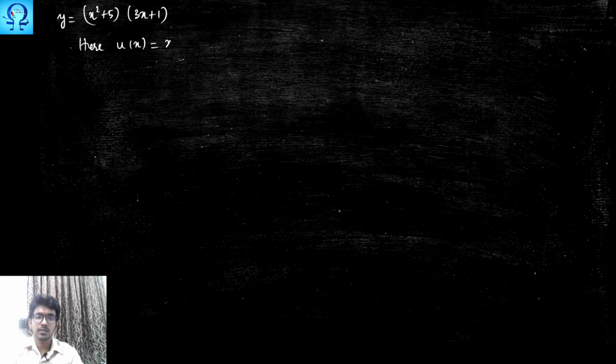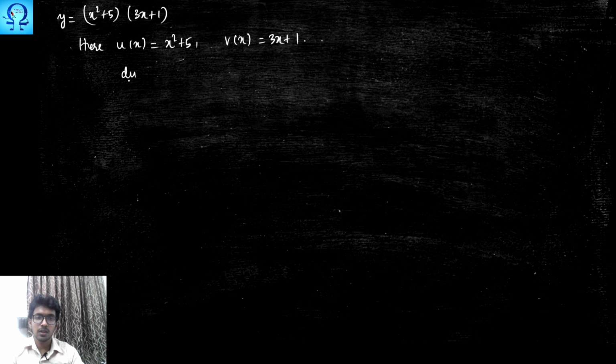The next problem that we are about to do is based on the product rule. Let me write directly y is x square plus 5 times 3x plus 1. So here your u of x is x square plus 5 and v of x is 3x plus 1.